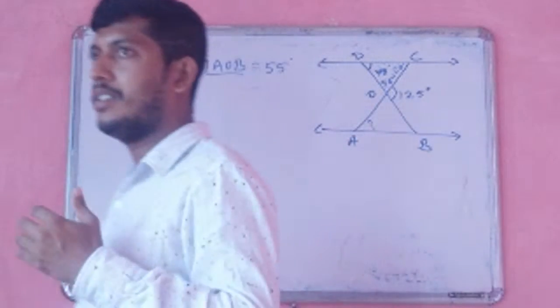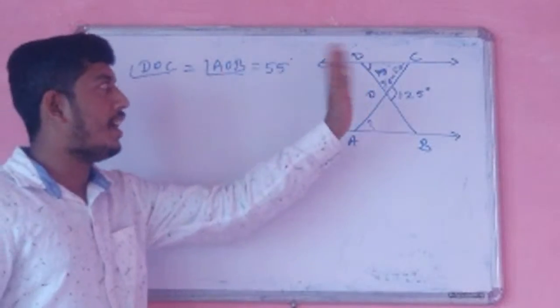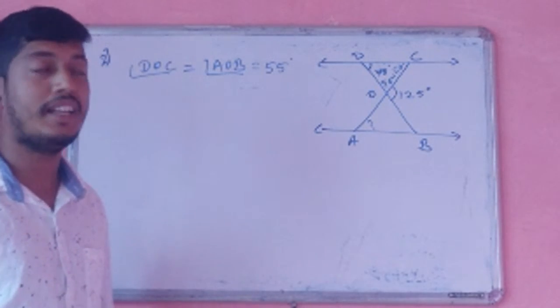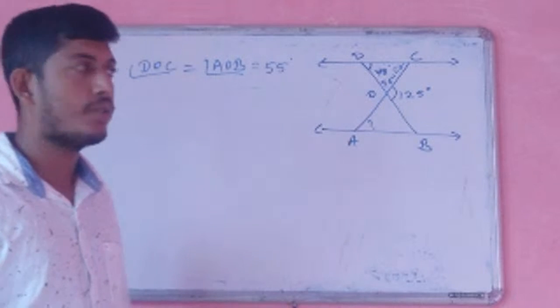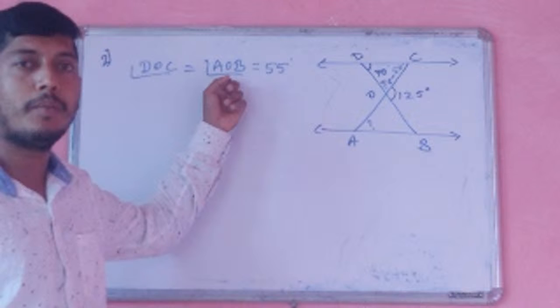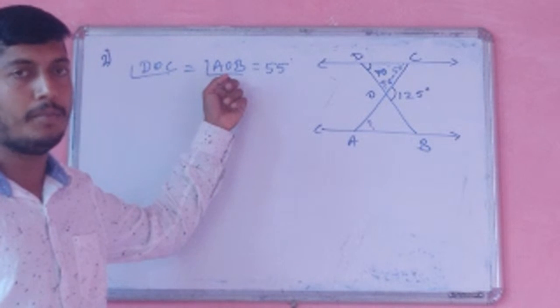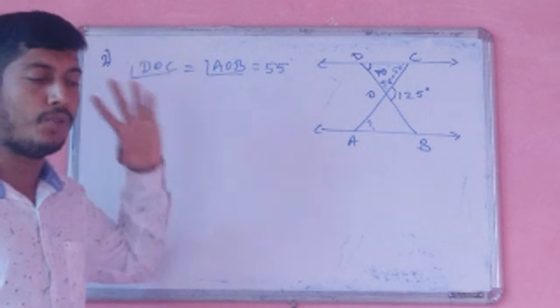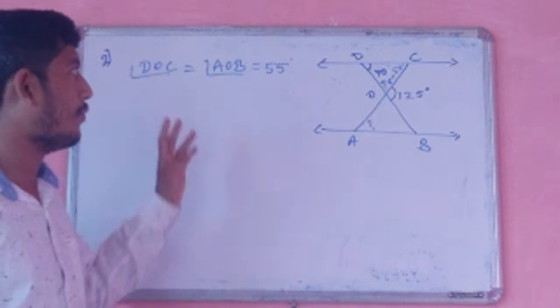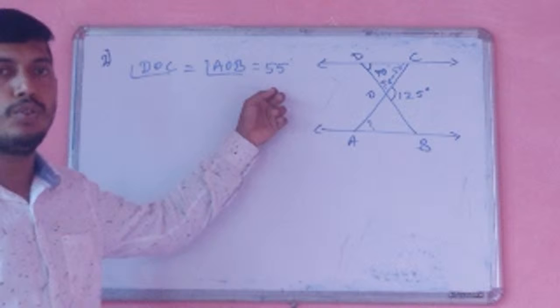The reason is AC and BD are two straight lines, and they intersect at point O. Therefore, angle DOC and angle AOB become vertically opposite angles, and we know that vertically opposite angles are equal to each other. So angle AOB is also 55.